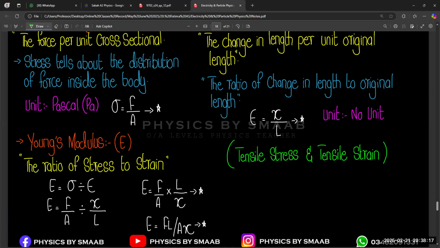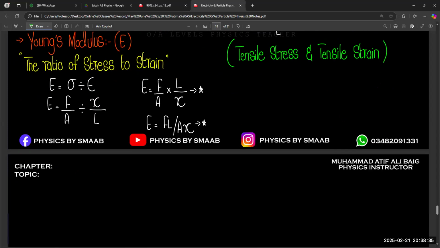So any question in this? And for example, if we consider the graphical representation of stress and strain, let's suppose we have this representation, so we got a right angle triangle.